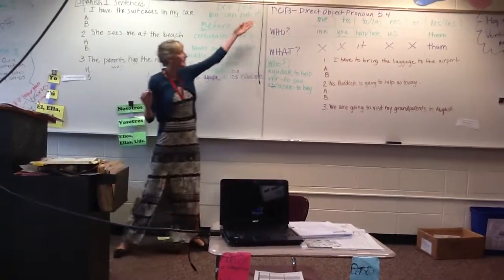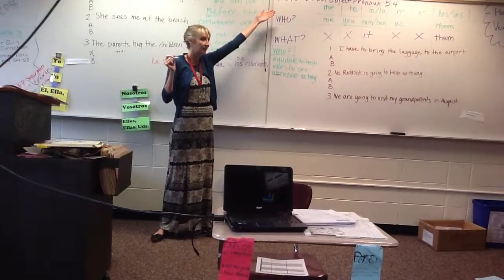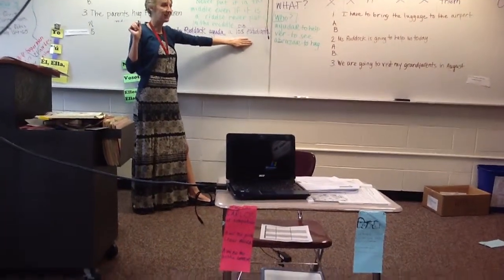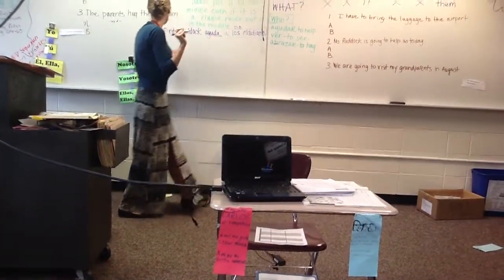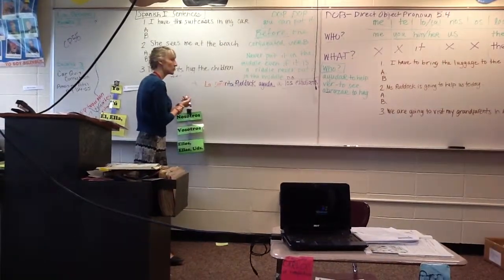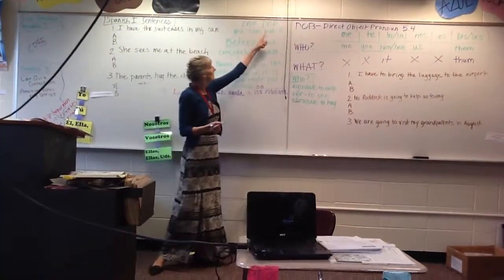So a DOP, a direct object pronoun, takes the place of a what? A DO, a direct object. Okay, so this is our first sentence. Now, when we substitute this out, we have DOP.